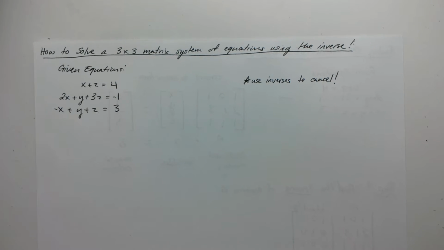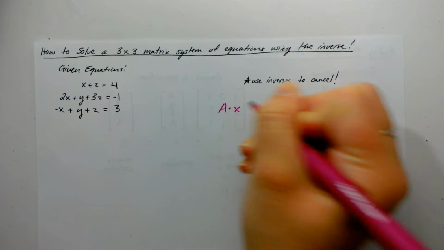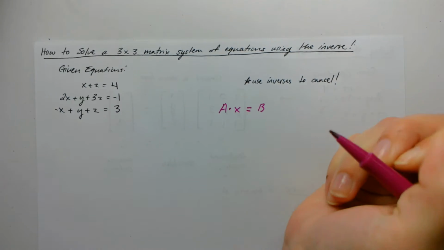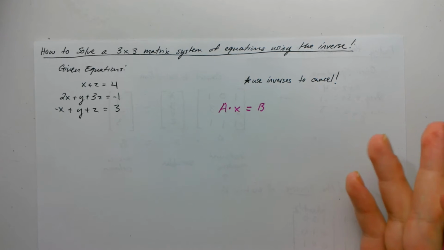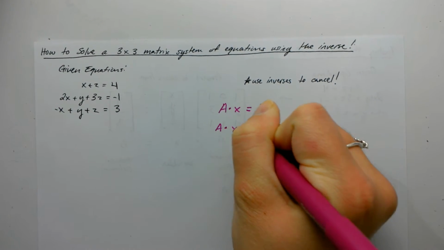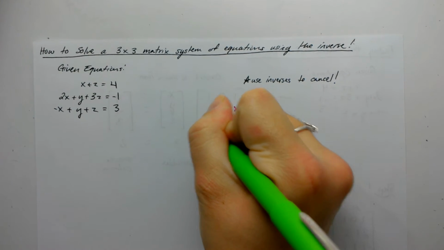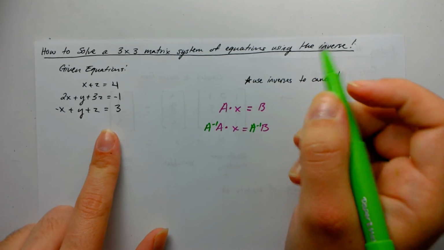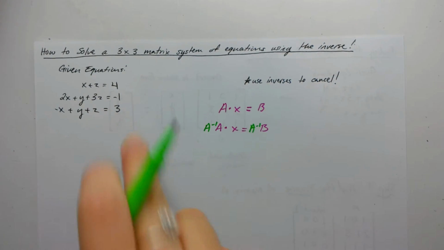Okay, so I'm going to start writing it out. I had previously shown that you're using your algebraic formula A times X equals B. Now, you're multiplying by your inverse, and you have to do that on both sides. So you're going to have A times X equals B. However, you're going to be multiplying by the inverse of the matrix A, which we calculated.